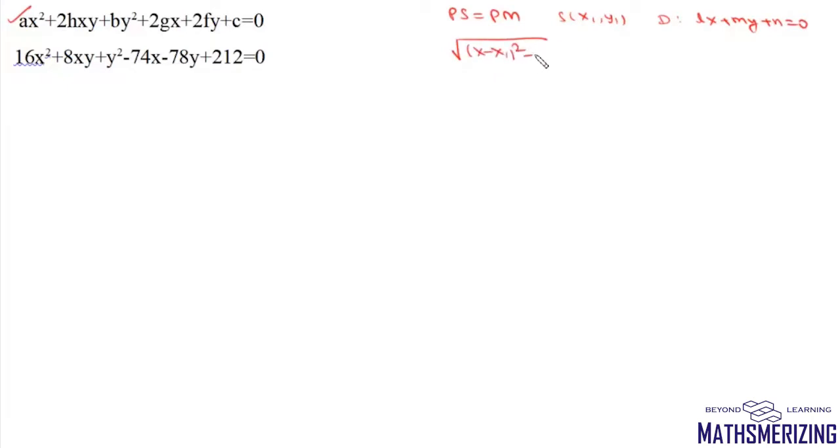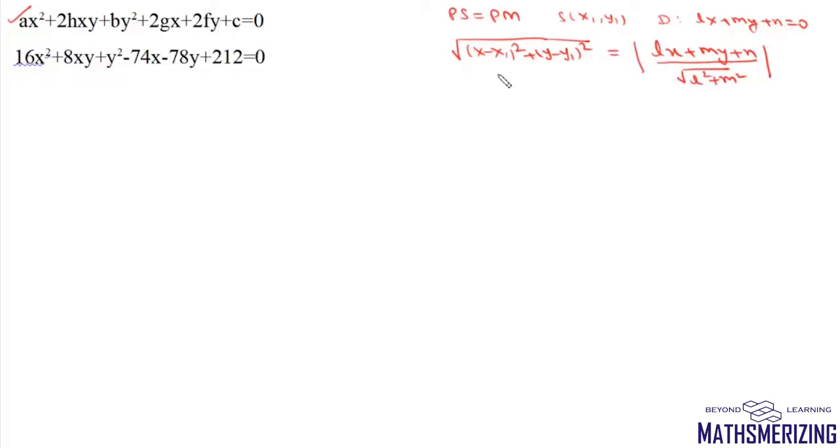x minus x1 square plus y minus y1 square, and it will be equal to PM, and that will simply be Lx plus My plus n upon under root of L square plus M square.